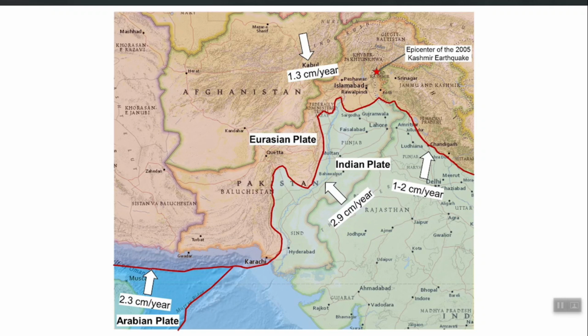Along the main plate boundary, there can be several cracks or fractures in the land, which can be faults. Fault is a general word. It can refer to any crack in the surface. Sometimes we call different segments of the plate boundary different cracks, different faults.